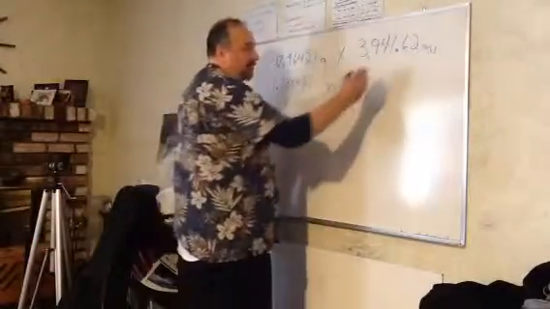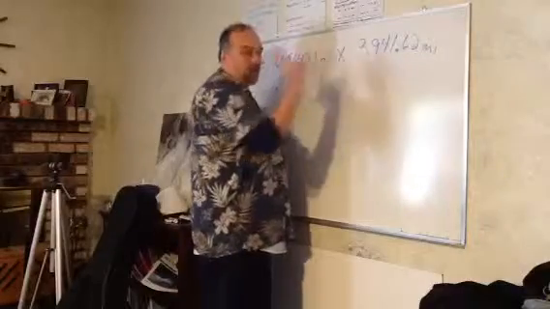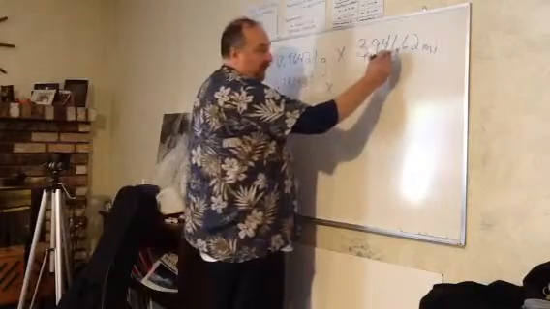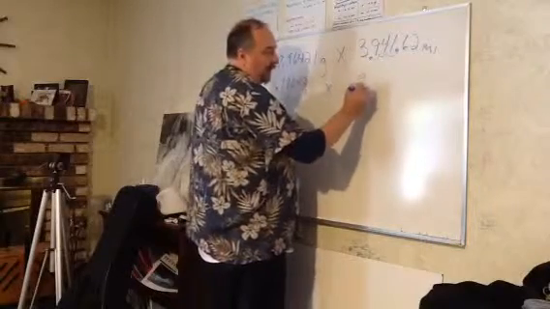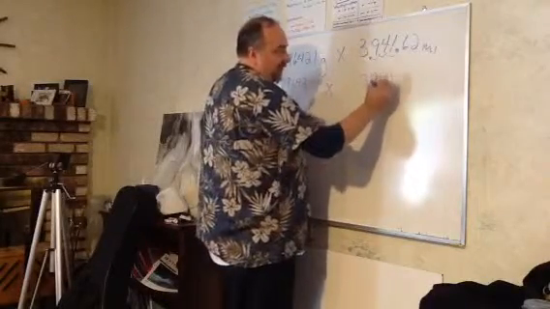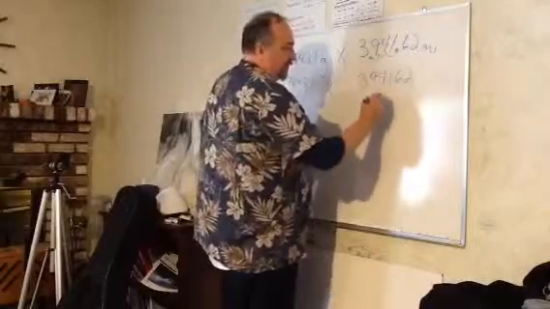All times, remember I said I just want one number to the left of the decimal point? I now go 3.94162 times 10 to the third.